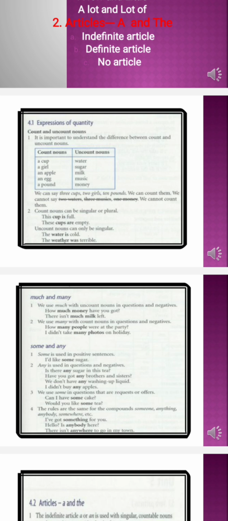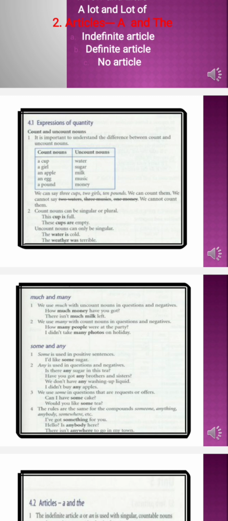Count nouns: a cup, a girl, an apple, an egg, a pound. Uncount nouns: water, sugar, milk, music, money.